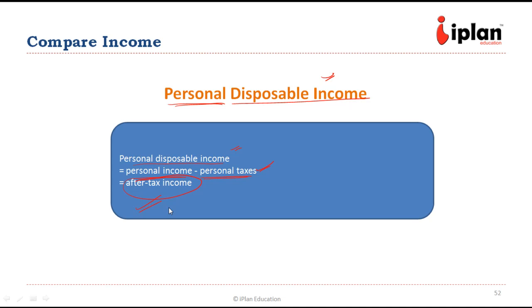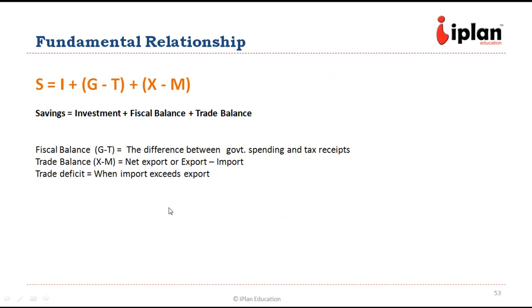Now let us move forward and look at the basic relationship of these macroeconomic variables. We have already seen that the GDP or total income is equal to consumption, then investment, the government expenditures, and net export.